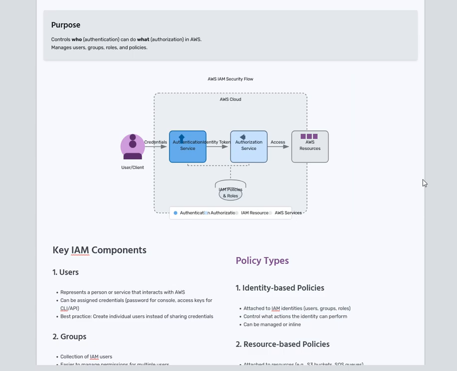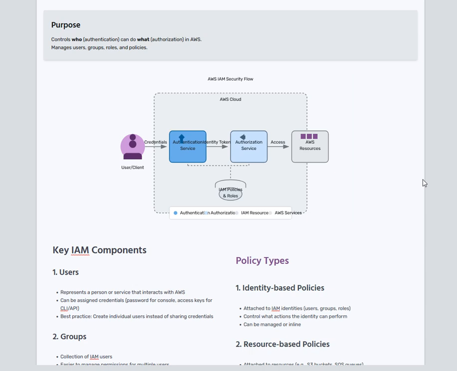Let's say an EC2 instance needs to access saved logs in an S3 bucket. Then that machine, EC2, is going to be using credentials as the authentication part, and that is normally called a role, right?